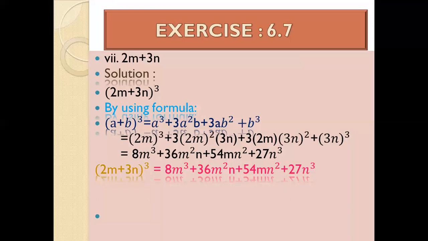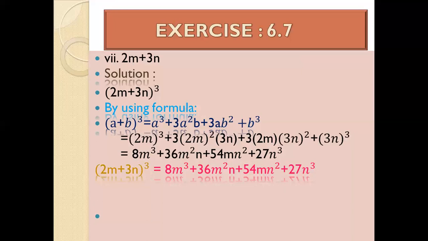Now we have the square of 3n. The square of 3 is 9 and the square of n is n square. We have already multiplied 3 and 2. 3 2s are 6. 6 9s are 54. 54m.